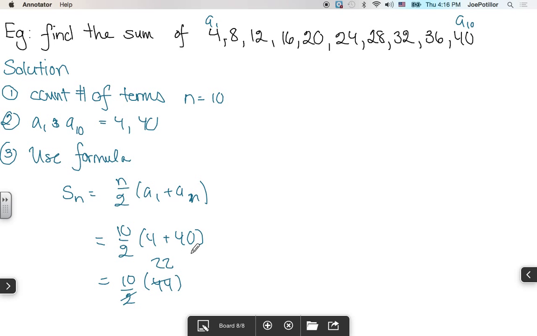That cancels to 5 times 44, so it's 220. This is what we call a partial sum, meaning that I'm only finding a piece of the puzzle, a piece of an infinite sequence.